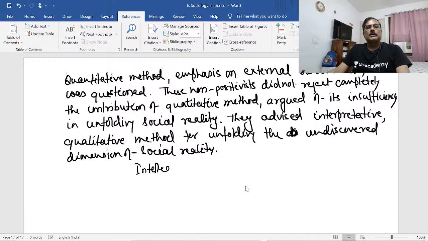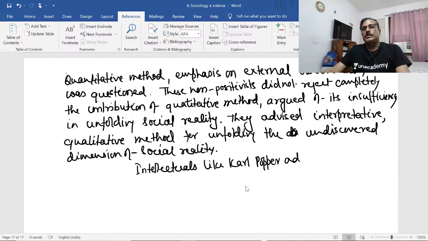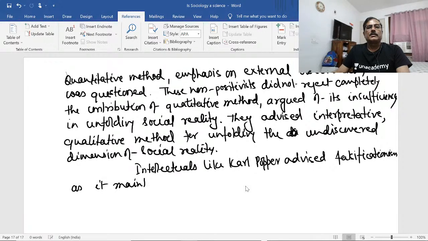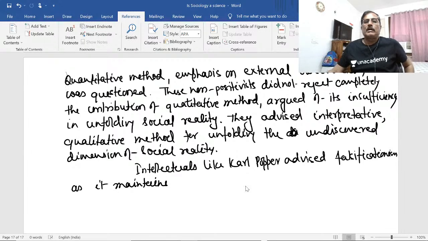Intellectuals like Karl Popper advised falsificationism, as it maintains the critical spirit of science. In short notes you have to exclude many things because you have a limitation of words.